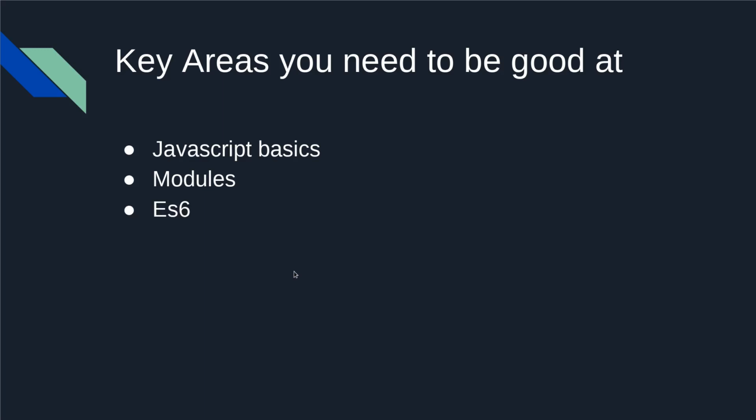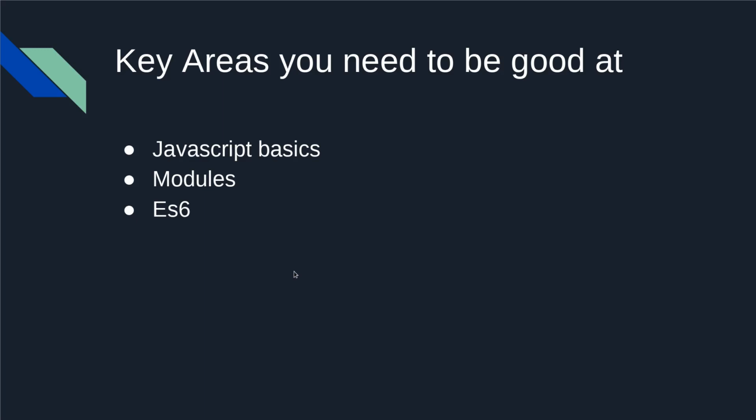React lets you use functional components or class-based components, but all these are in the ES6 ecosystem. So you need to understand how let works, how classes work, how ES6 modules work, how arrays are different in ES6, arrow functions.